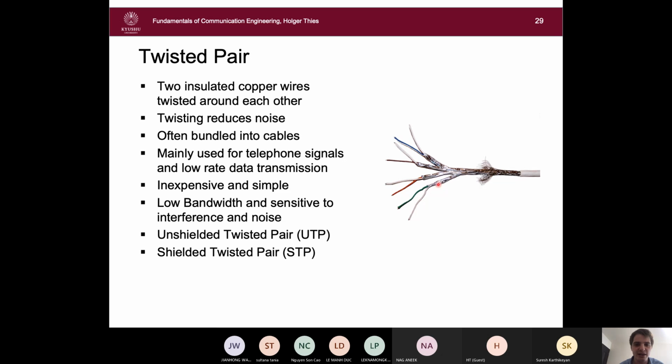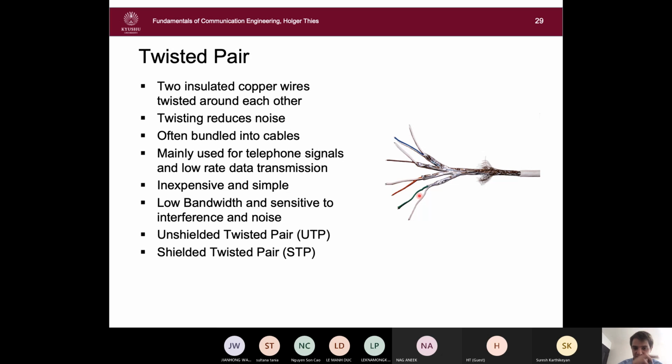This is why it always has two cables, for communication in both directions. Those two copper wires are twisted around each other, and the twisting is done because it reduces noise.